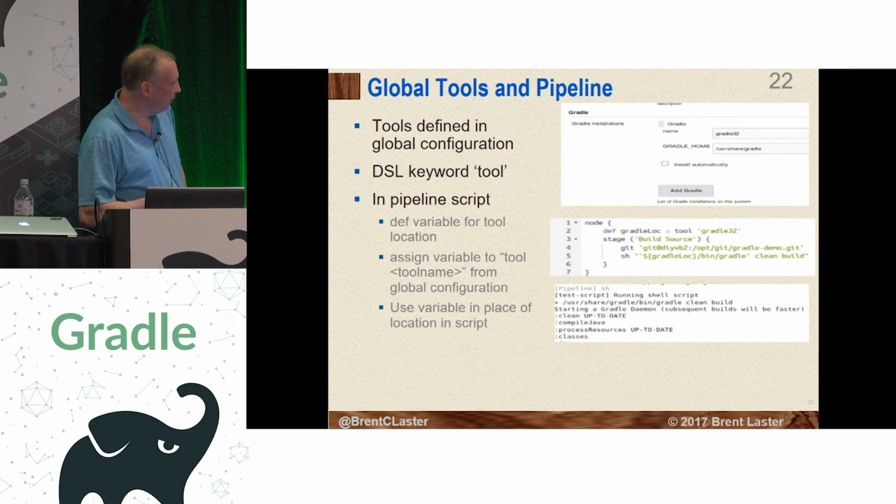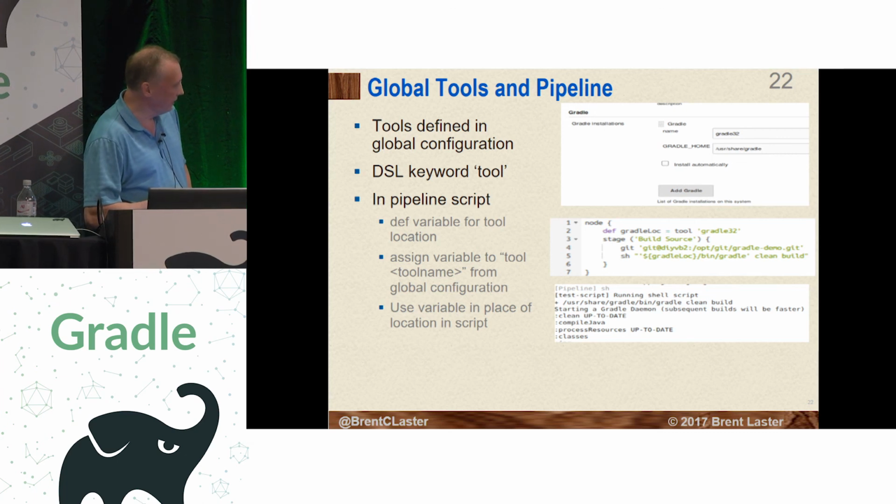So we can define a Gradle location here which says go out to the global configuration for this tool name, give me that value back, and then in our Gradle build step here, we can call into that. We can use the Gradle location and just supply the rest of the path to the Gradle tool out there. You can also do this as a combined step, which we'll do in the script. You don't have to make the tool call a separate call. You can incorporate the tool call into the actual step.